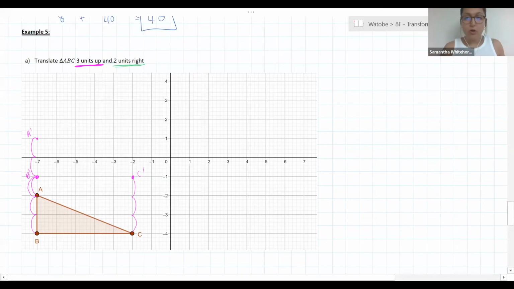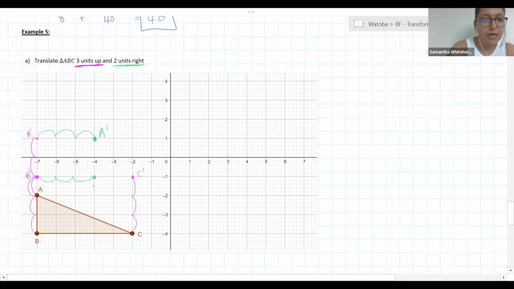So now I go to each of those pinky coordinates that I've drawn, and I go 3 units right. So I'm going to start with A, 1, 2, 3. Now, because this is the final translation, I'm done. So I can now plot this coordinate A with confidence. B, 1, 2, 3.